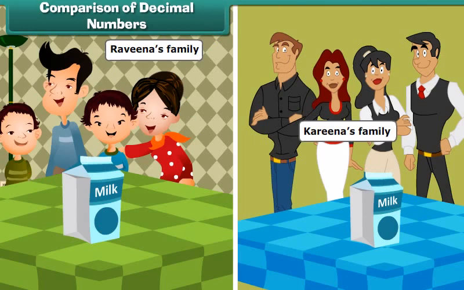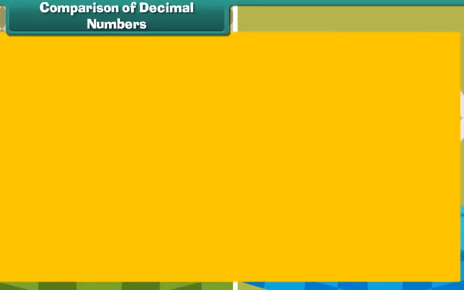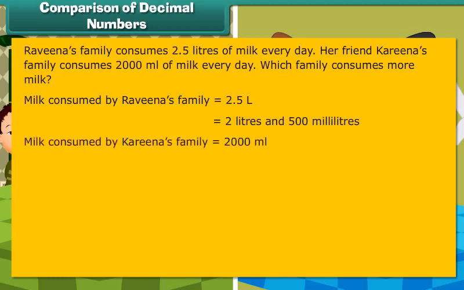That is equal to 2 liters and 500 milliliters. Milk consumed by Karina's family is equal to 2000 milliliters. That is equal to 2000 by 1000 liters. That is equal to 2 liters. 2 liters and 500 milliliters is greater than 2 liters. Hence, Ravina's family consumes more milk than Karina's family.